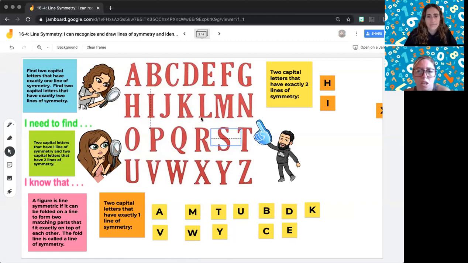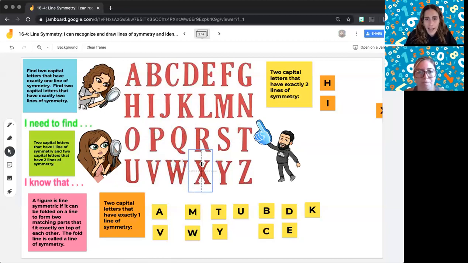No. How about T? T is not going to work. What about U? No. V? No. W? What about X? Oh, yeah. Look, I think X will, because the top looks like it matches the bottom, and it would match up to each other if we folded it from the top to bottom.